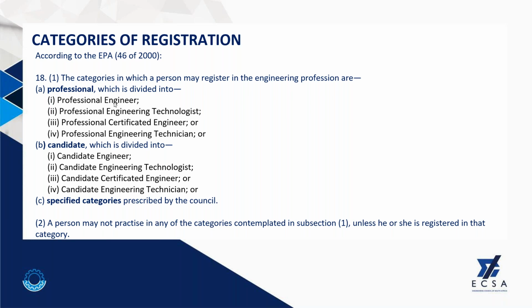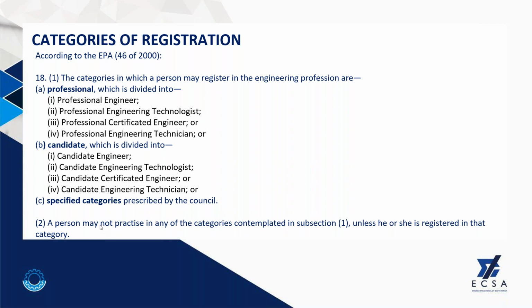And as I said, this particular road to registration covers the candidate as well. So there are also categories for candidates. So you can register as a candidate engineer, candidate engineering technologist, candidate certificated engineer, candidate engineering technician. There's also specified categories that are prescribed by the council.